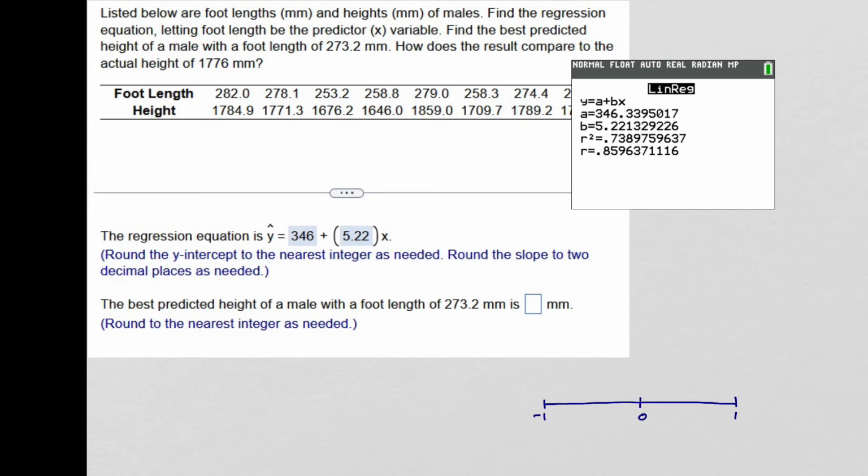And I look at where my correlation coefficient falls on this number line. So in this case, it's going to fall pretty close to the top here, 0.8596.